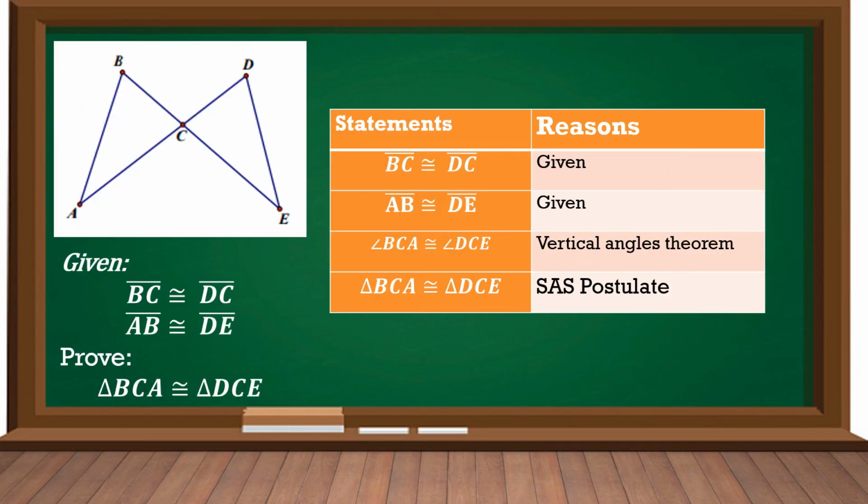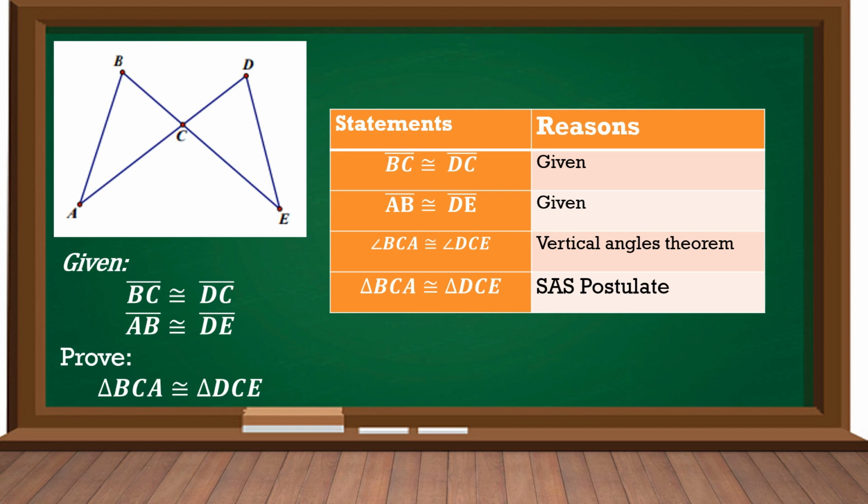Now let us consider this figure. We have triangle ABC and triangle CDE. The two triangles have a common vertex, and that vertex is the vertex C. From the given illustration, we have two identified givens.